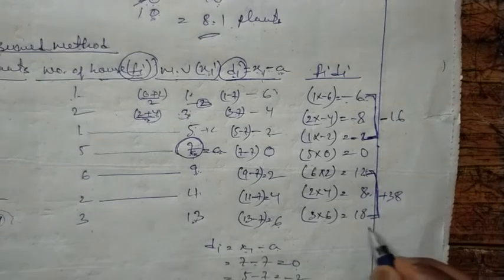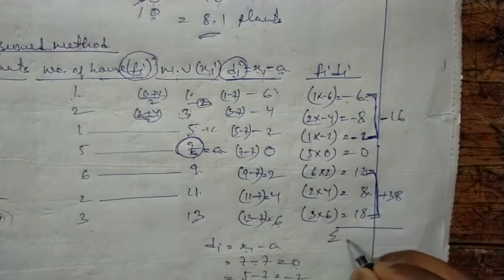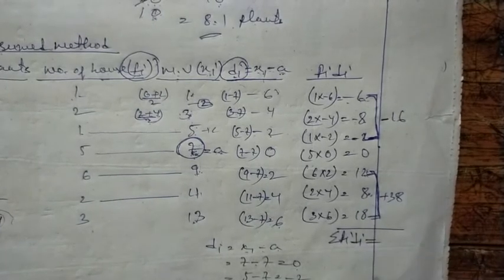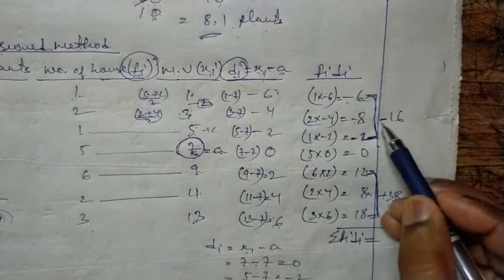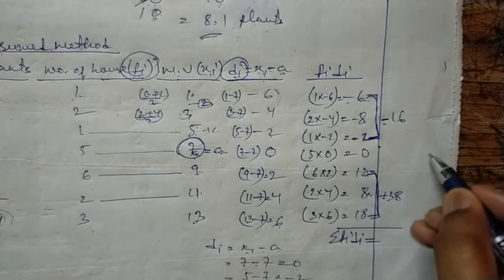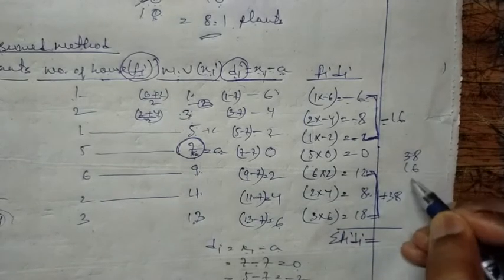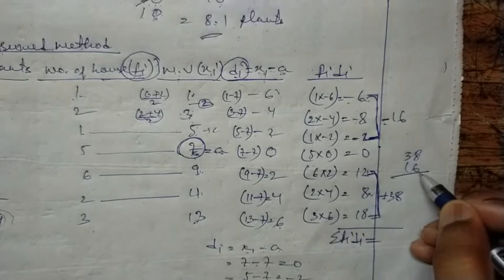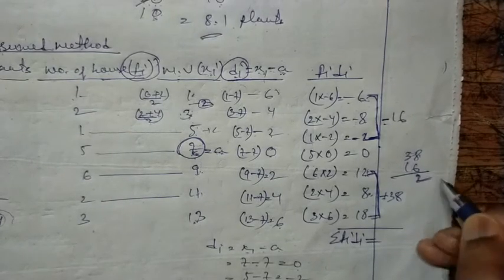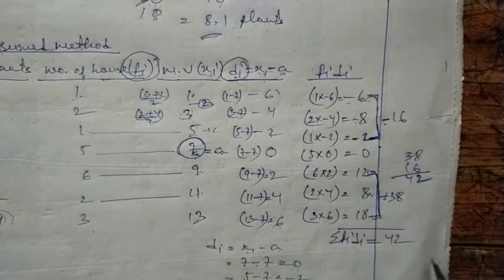Okay, now we have to calculate this value and this, so it will be called sigma fi di, equal to minus 16 and plus 38. What will you get? 38 minus 16 is 22, so I will get here positive 22.